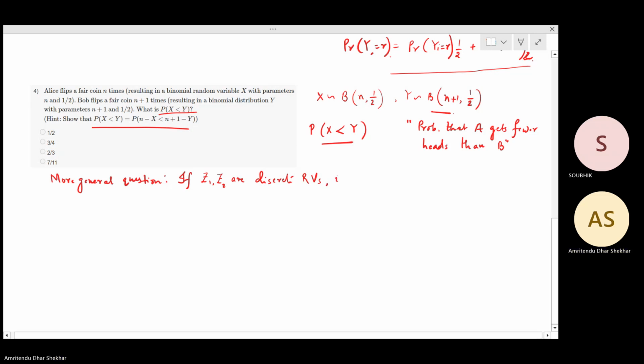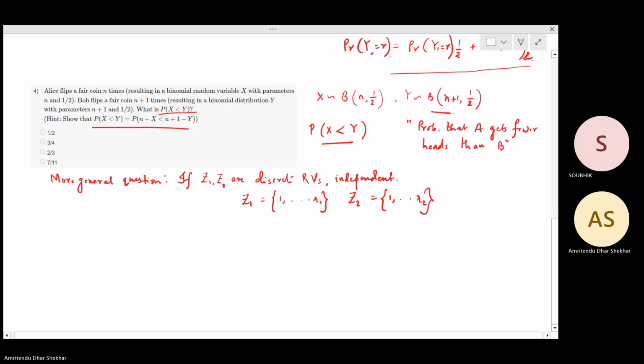Assume Z1 takes values from 1 to R1, and Z2 takes values from 1 to R2.